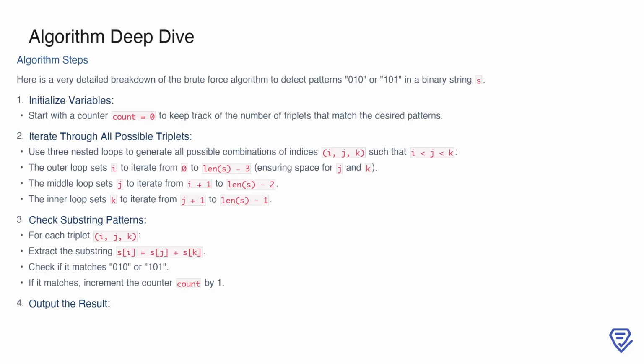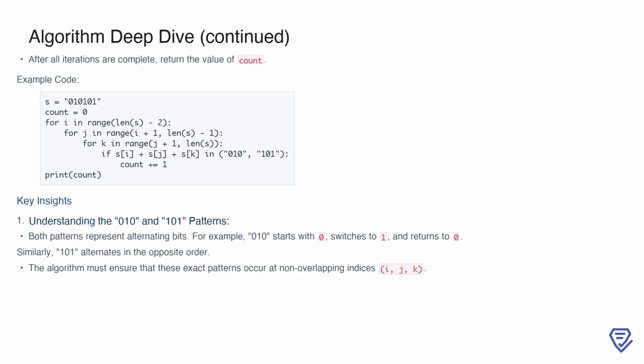For each combination of these indices, we extract the substring formed by s[i], s[j], and s[k], and check if it matches either 0, 10, or 101. If it does, the counter is incremented. This step ensures that every possible triplet is examined for a match. Once all iterations are complete, the algorithm simply returns the value of count, representing the total number of valid triplets found.